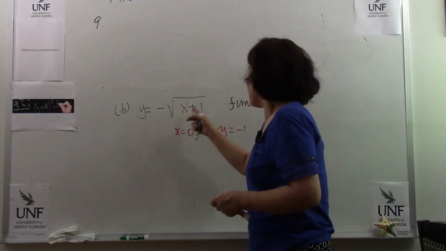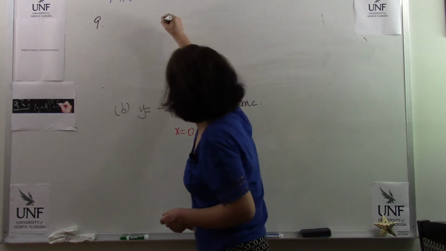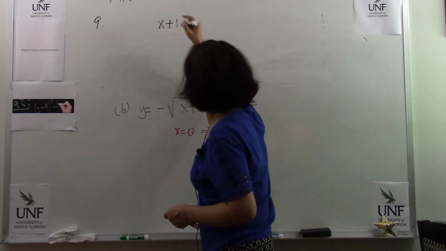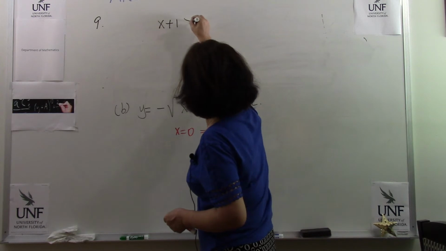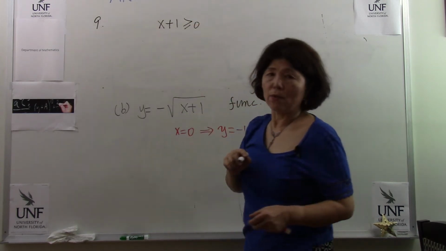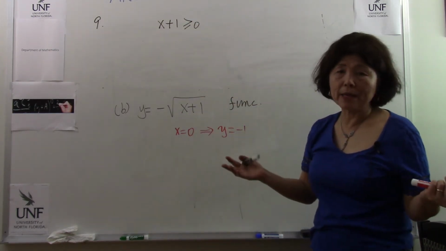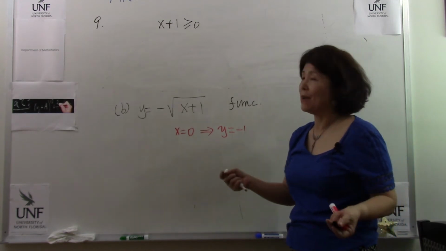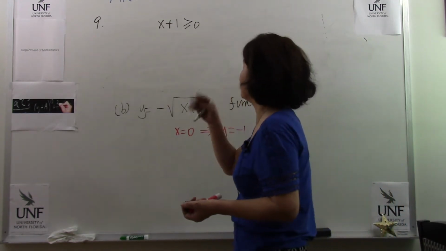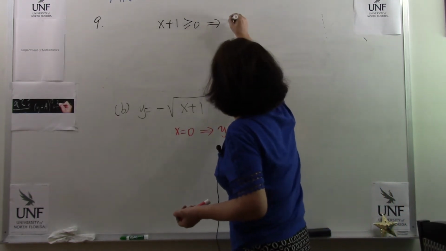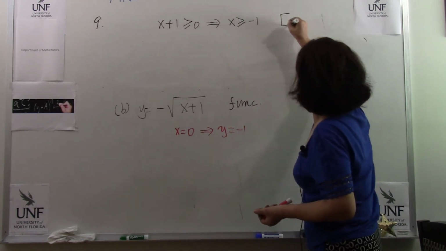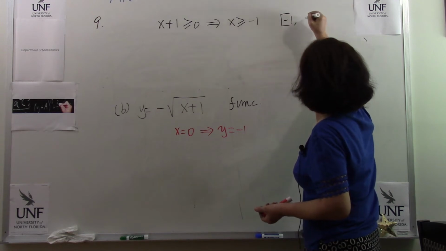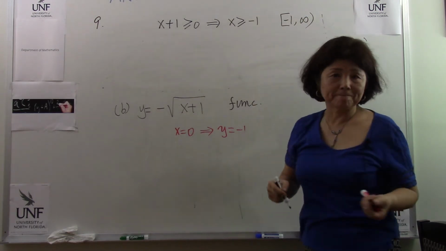Well, when you have a radical, I emphasize that x plus 1, the radicand, the expression under the radical sign, has to be greater than or equal to 0. Otherwise, it's going to have a complex value. So you cannot do that. So that is x is greater than or equal to negative 1. That makes domain from negative 1 to infinity.